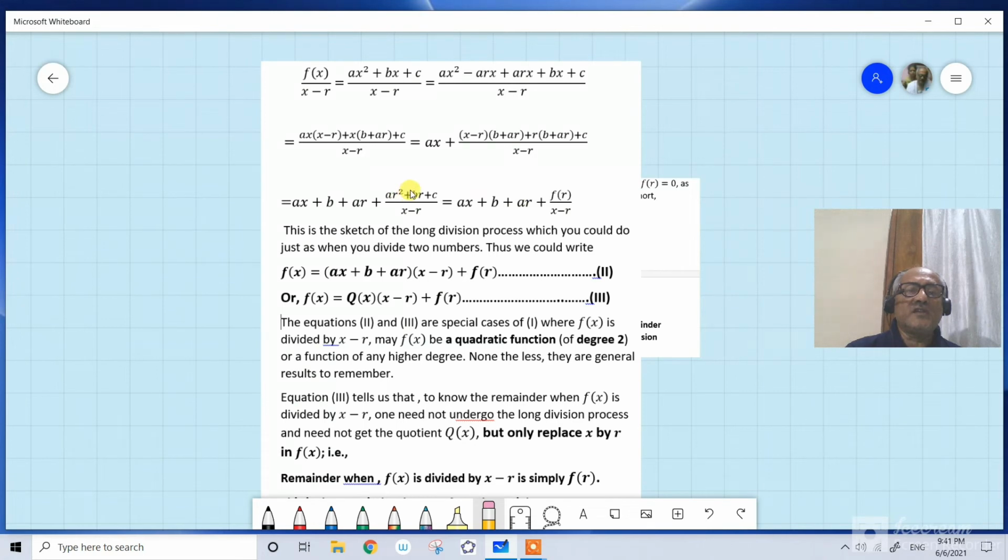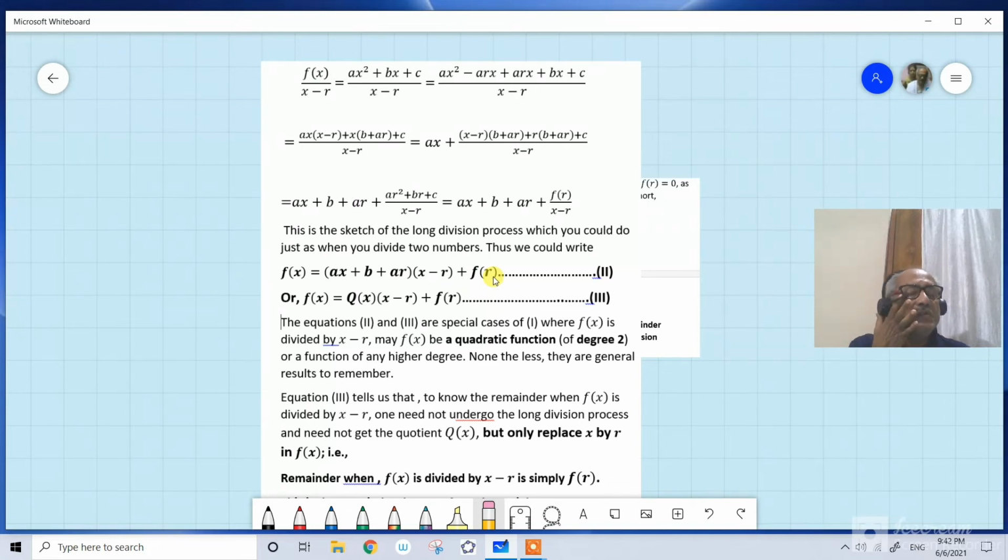And what is ar square plus br plus c? It is nothing but ax square plus bx plus c itself when x is replaced by r. So the remainder value is nothing but f(r). That means when x in f(x) is replaced by r, the remainder becomes f(r).